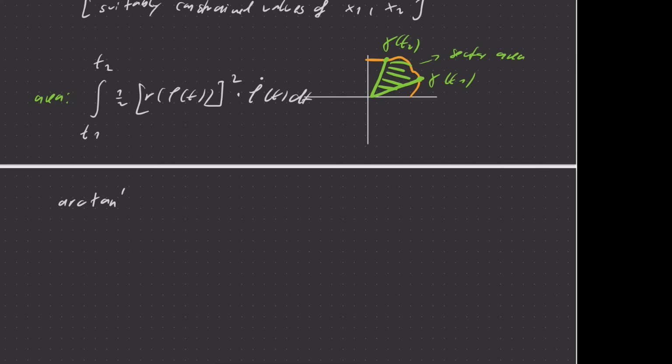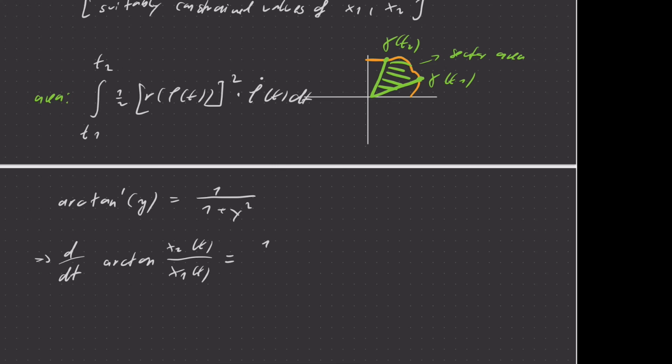And I'm just going to tell you the derivative of the arctangent function of, let's say, y is given as 1 over 1 plus y squared. So if you want to determine the derivative with respect to t of the arctangent of x2 of t over x1 of t, then that's a chain rule, obviously, so we have to differentiate the outer function first, the arctangent.